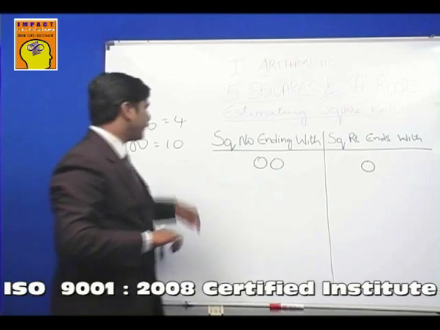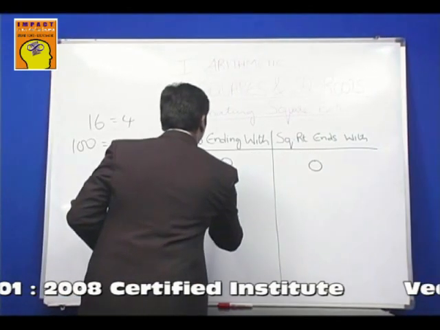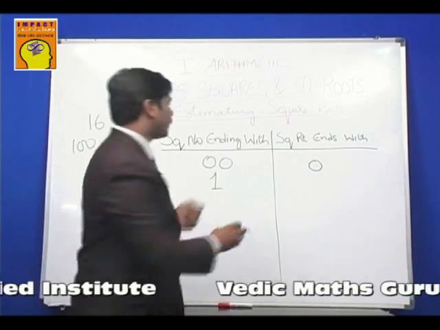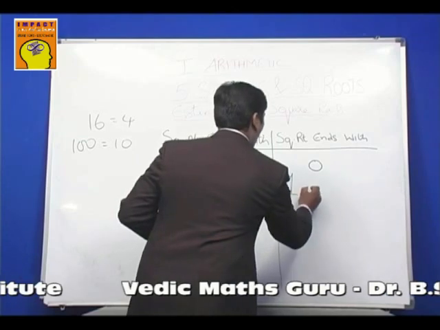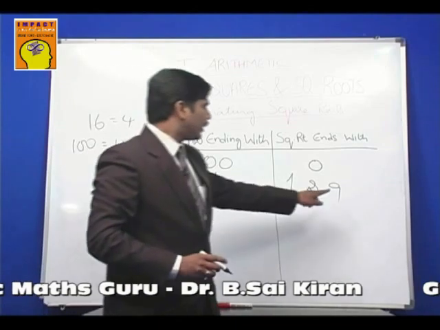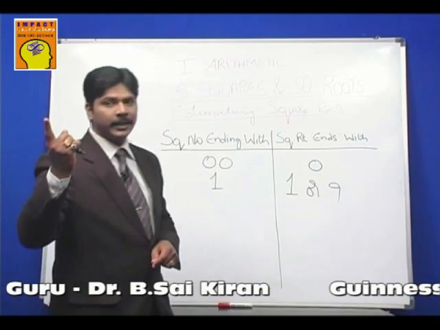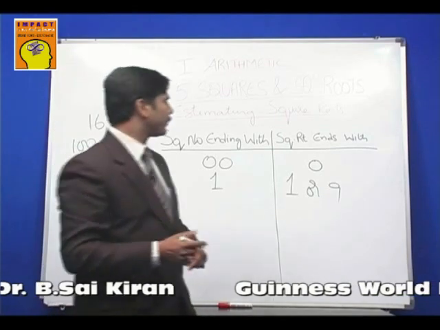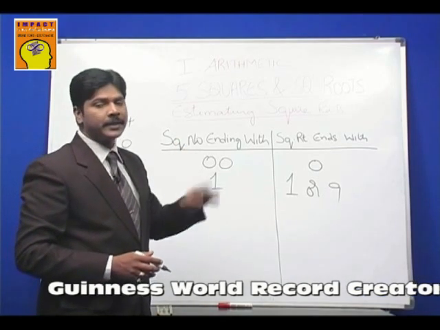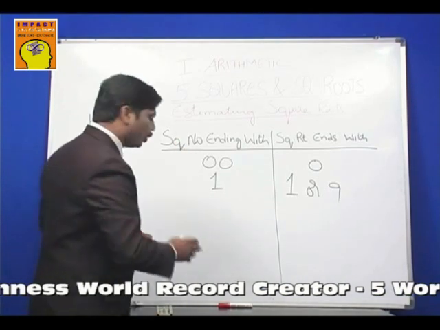Now if the square number ends with 1, the square root ends with 1 or 9. Now 1 into 1 is 1, 9 into 9 is 81. See, 81 is ending with 1. Now you must know that square numbers do not end with certain numbers, and they are 2 and 3.